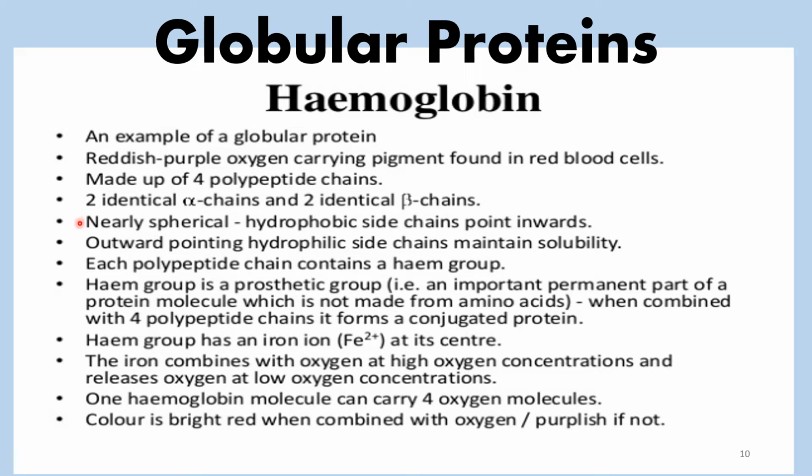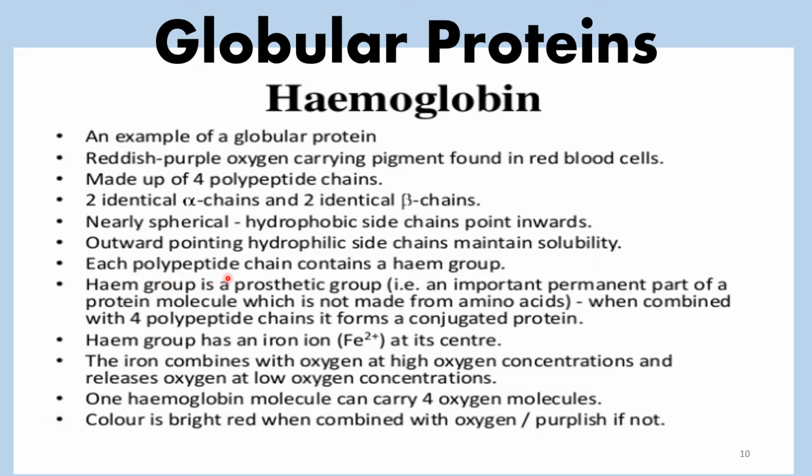They are nearly spherical in shape, and hydrophobic side chains made up of hydrophobic amino acids are pointed inwards by the hydrophobic interaction, while the hydrophilic side chains made up of hydrophilic amino acids maintain solubility and point outside of the globin molecule.